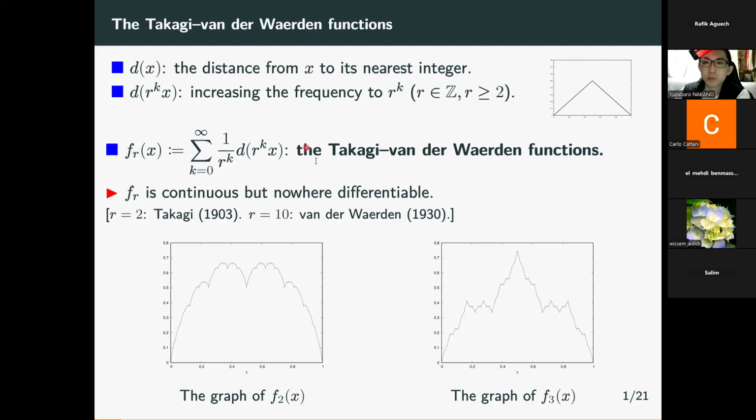Then f_r is called the Takagi-van der Waerden function. f_r is continuous but nowhere differentiable. f_2 was introduced by Takagi in 1933, and f_10 was first studied independently by van der Waerden in 1930.